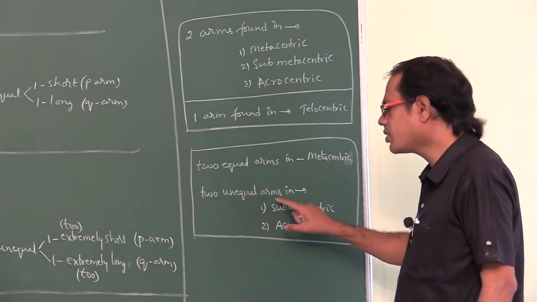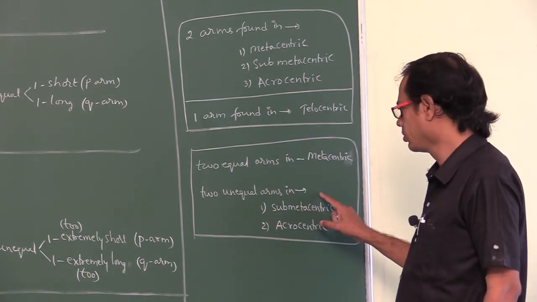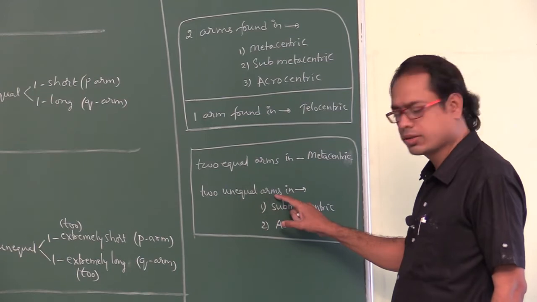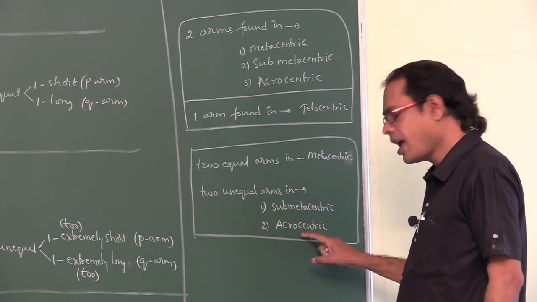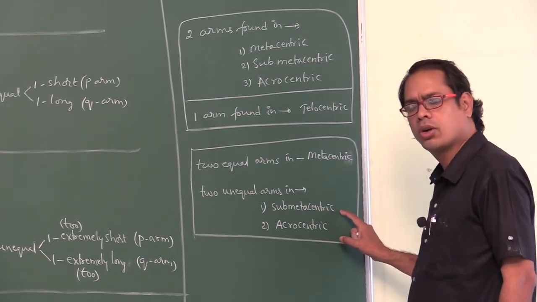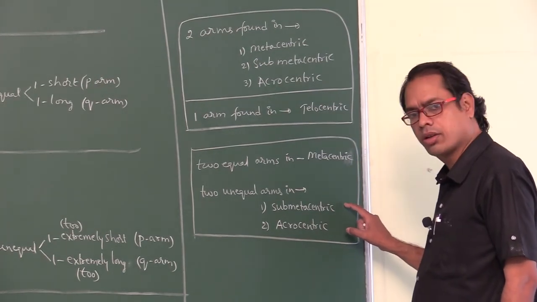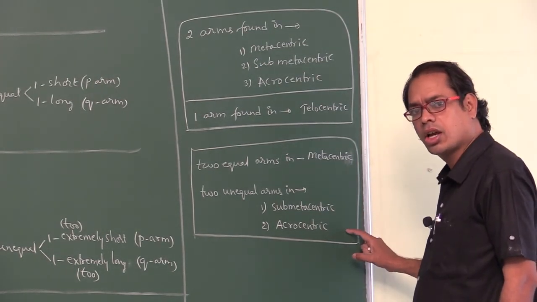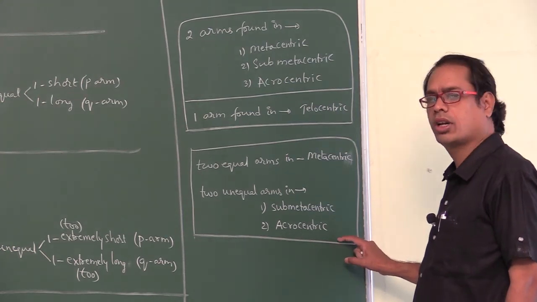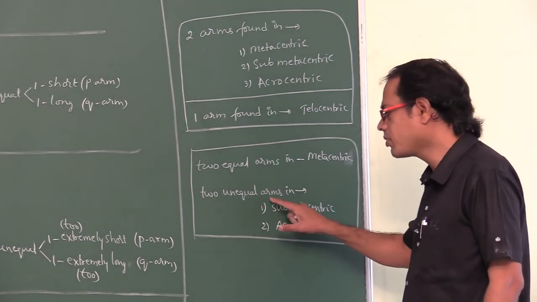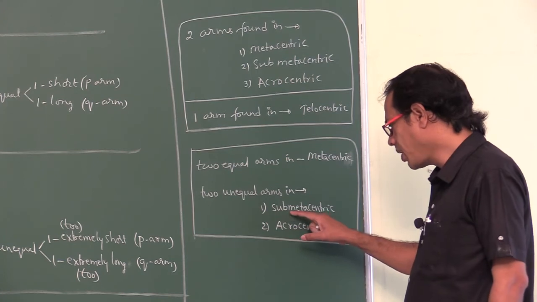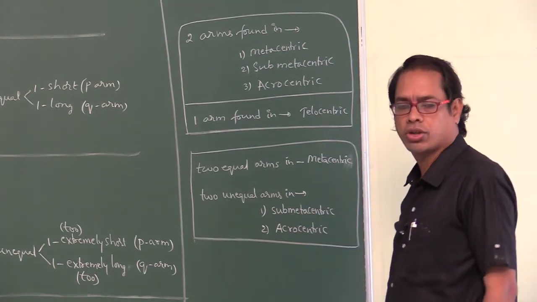Two unequal arms are found in submetacentric and acrocentric. Unequal means one arm is short, another arm is long; here, extremely short, extremely long. That's why two unequal arms are found in both submetacentric and acrocentric.